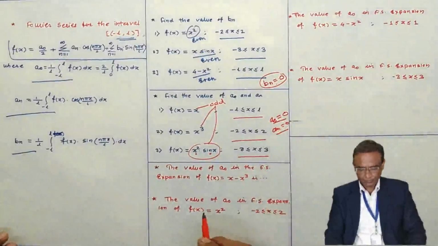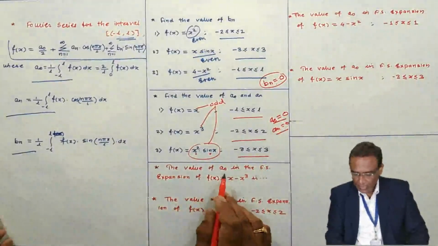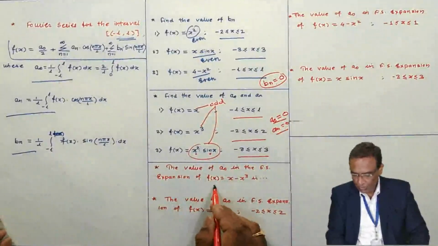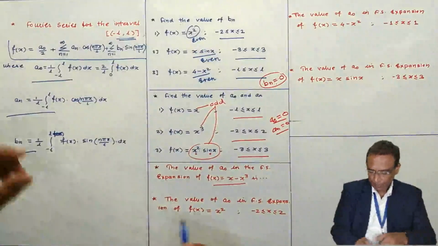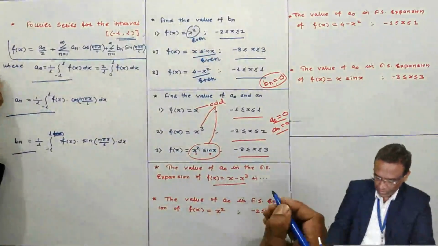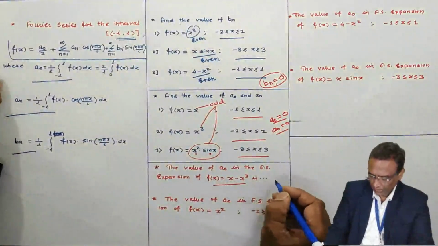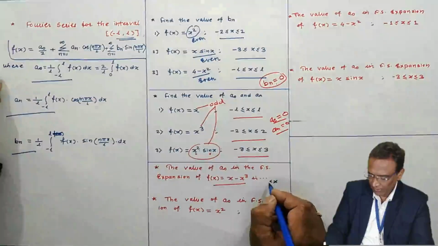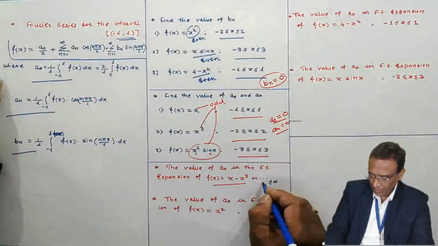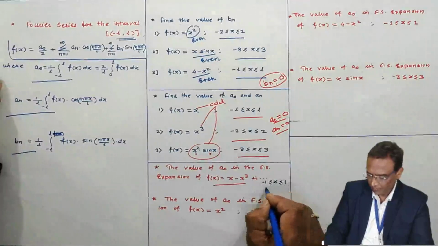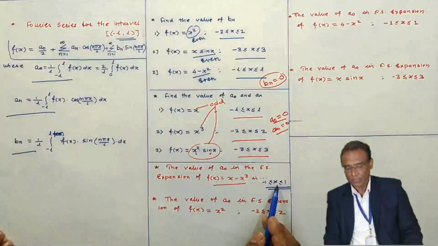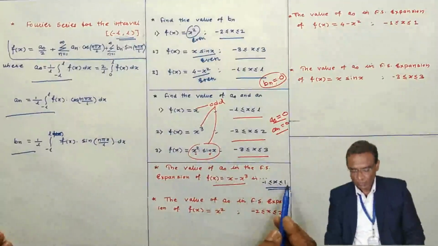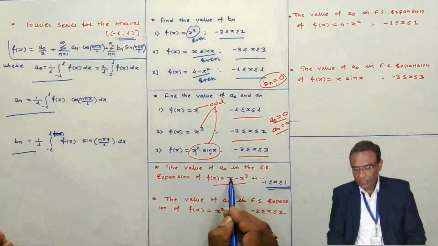Okay. Now, the value of A0 in the Fourier series expansion of this. What is the value of A0? See, the function is defined and x lies between minus 1 to 1. This function is what?